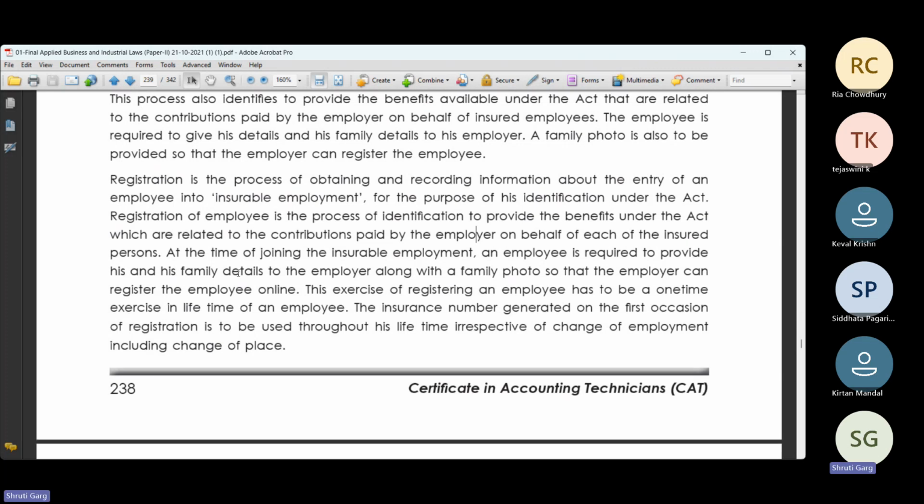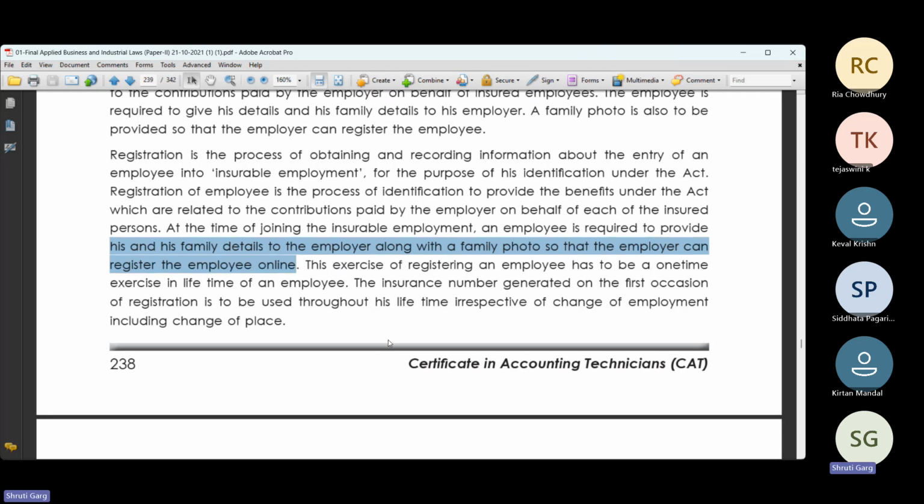At the time of joining the insurable employment, an employee is required to provide his and his family details to the employer, along with a family photo, so that the employer can register the employee online. Basically, it is a one-time exercise in the lifetime of an employee. Once it is registered, the ESI number will continue no matter whether he changes the organization or not. Clear?